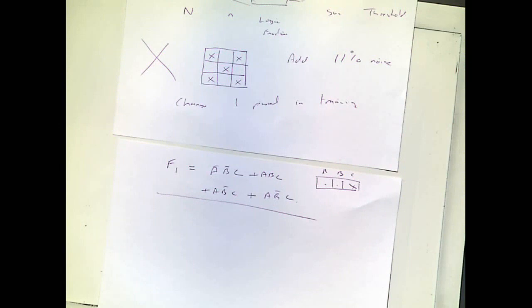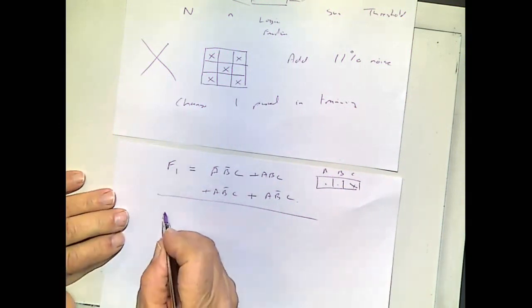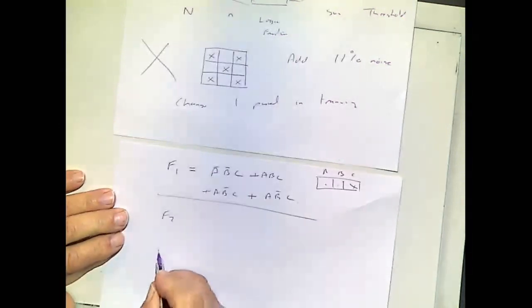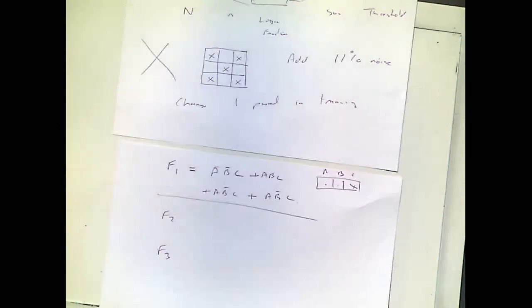Okay, now work out F2 and F3 for me, please. I'll give you a couple of minutes. Okay, the first 3 rows do F2, the back 2 rows do F3. Sir? Yep.